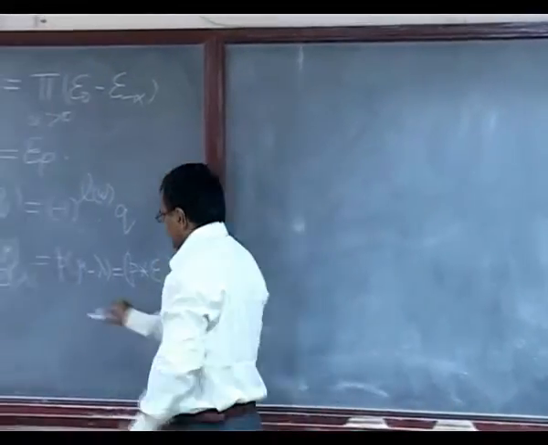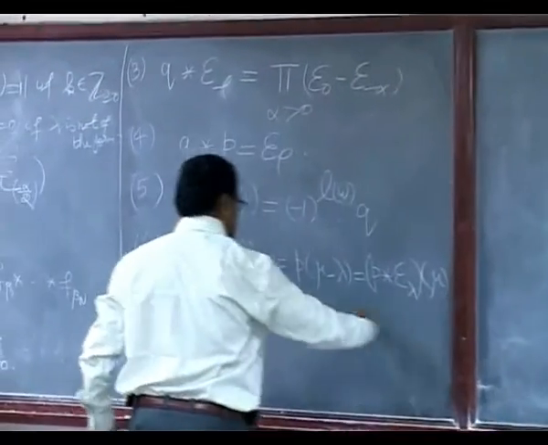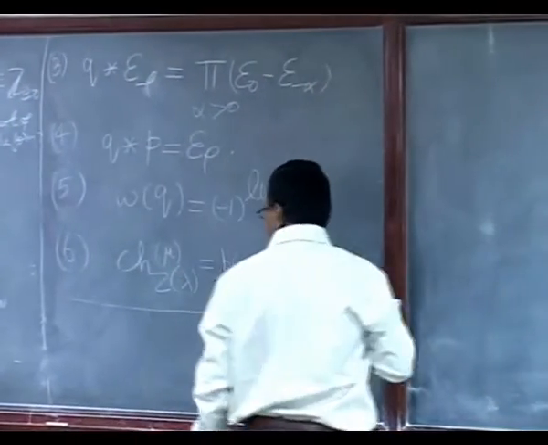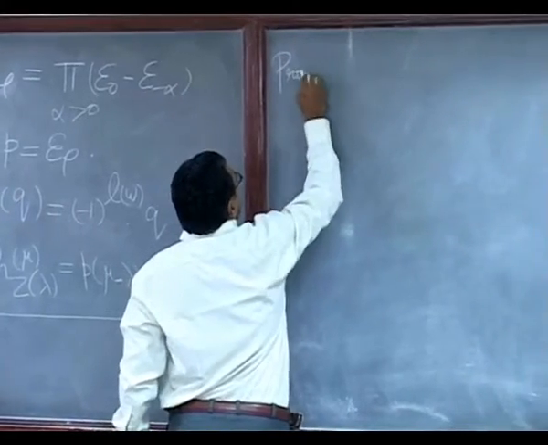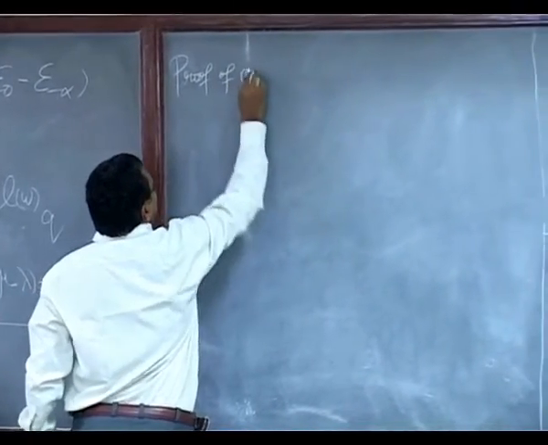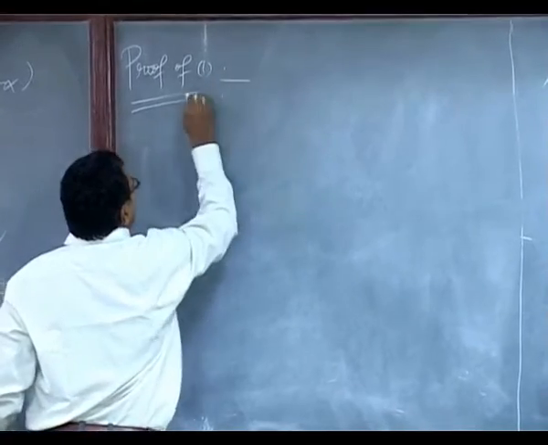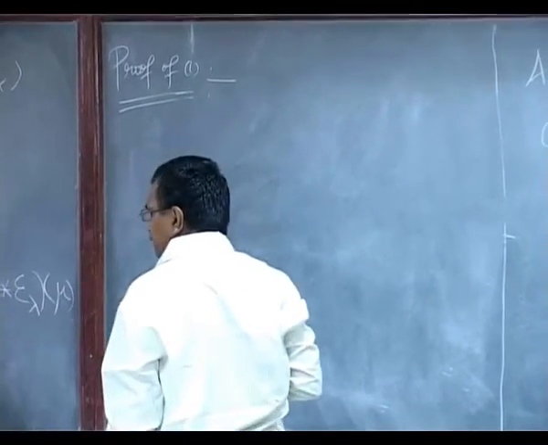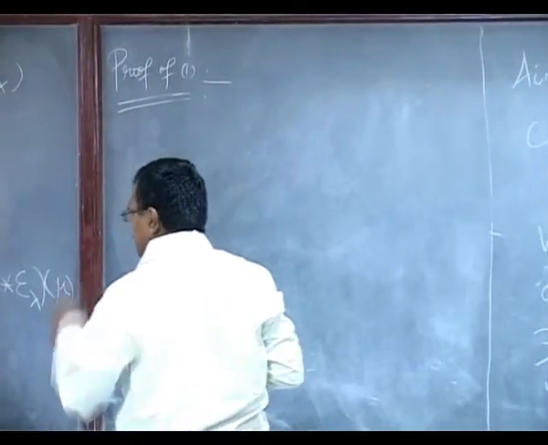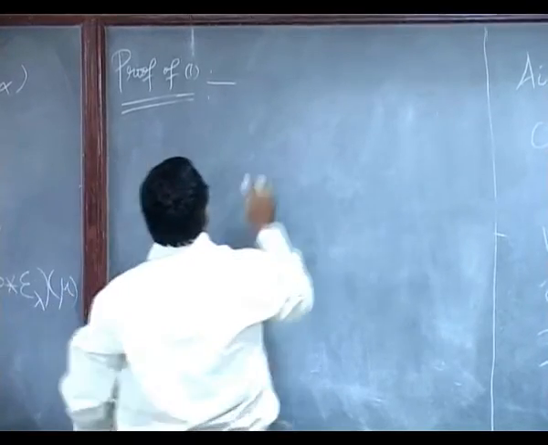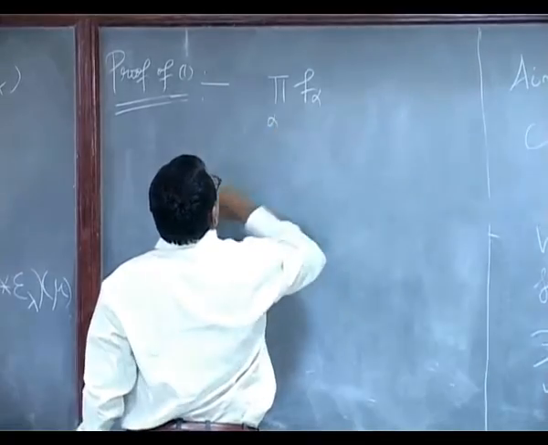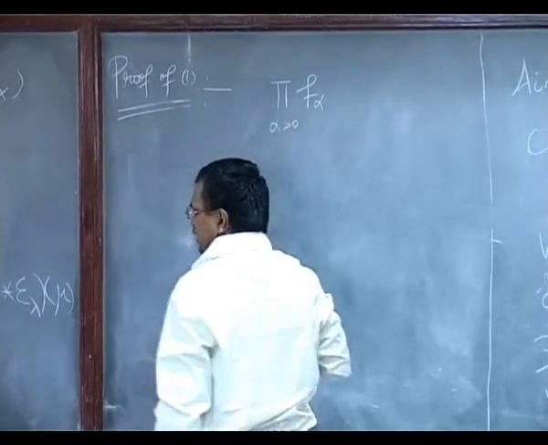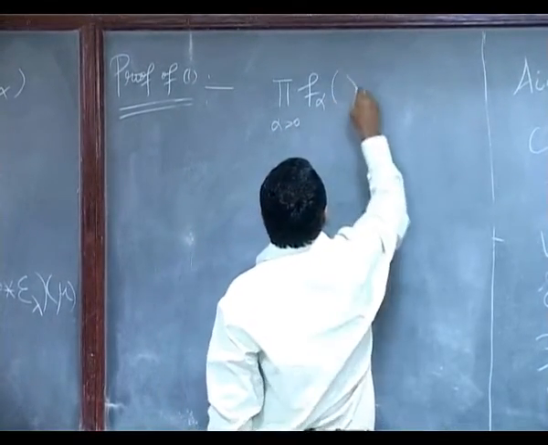Okay, let us spend the rest of the time today on the proof of these things. So let us see the first one, proof of 1. Look at the right side, of any lambda.